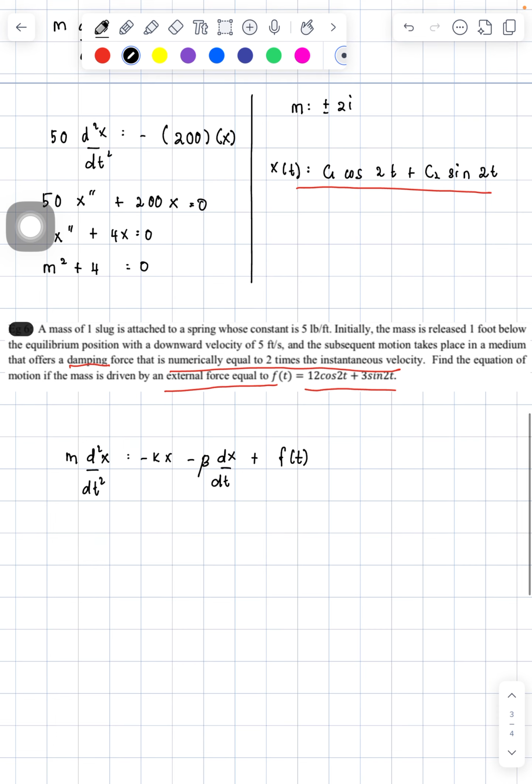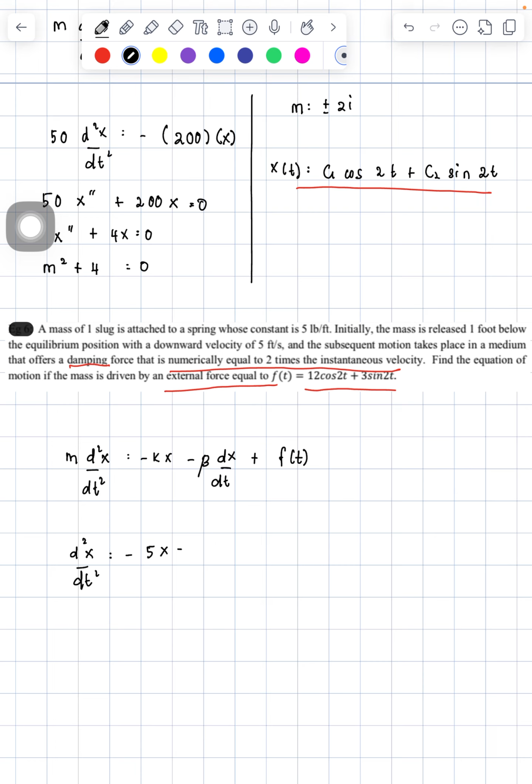Our mass m is 1, so it becomes d square x over dt square, and the spring constant is 5 pounds per feet, so minus 5x.